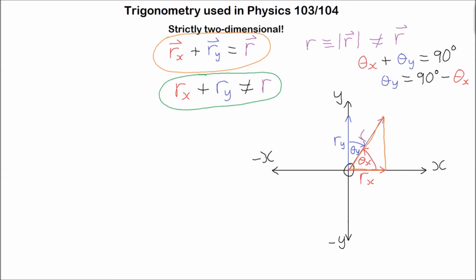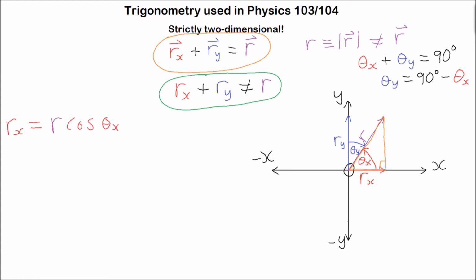Now in here, for the case of Rx, you can see I've got a right triangle in there. And that means that the length of Rx, because it's connected to theta x, is going to be the length of vector r times the cosine of theta x.